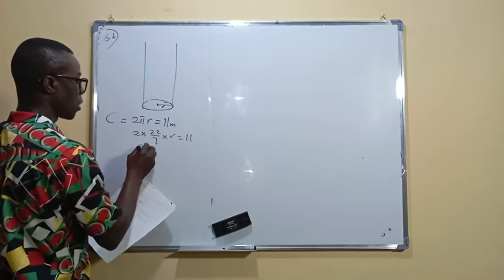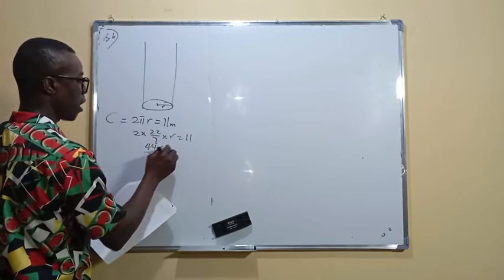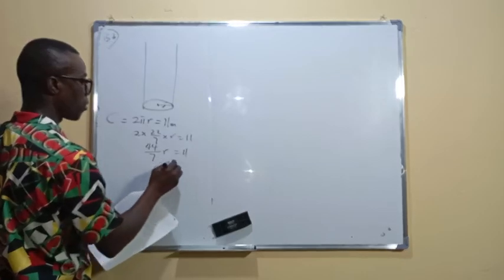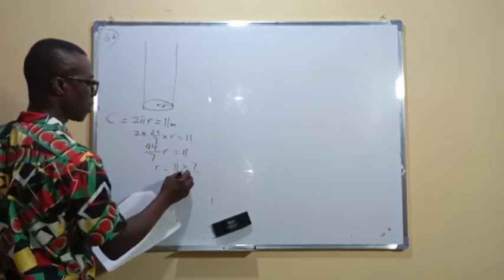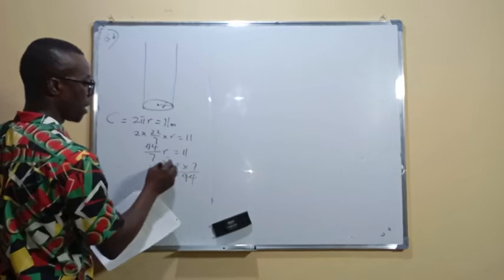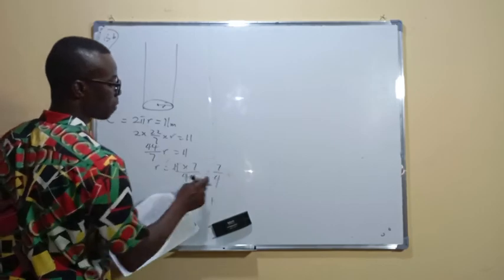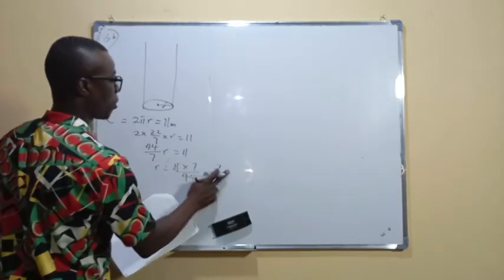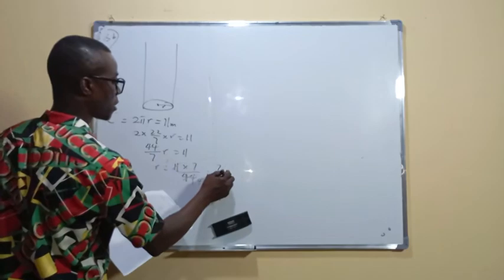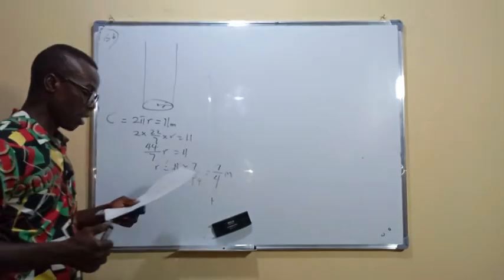And so this will give me 44 over 7 r equal to 11. And so r will be 11 times 7 over 44. 11 here 1, 11 here 4, that gives me 7 over 4 meters.